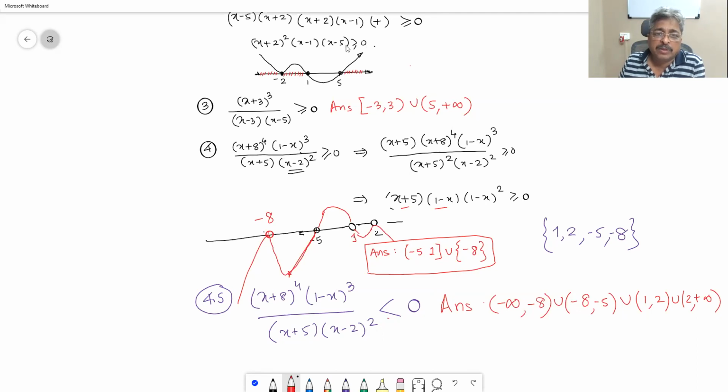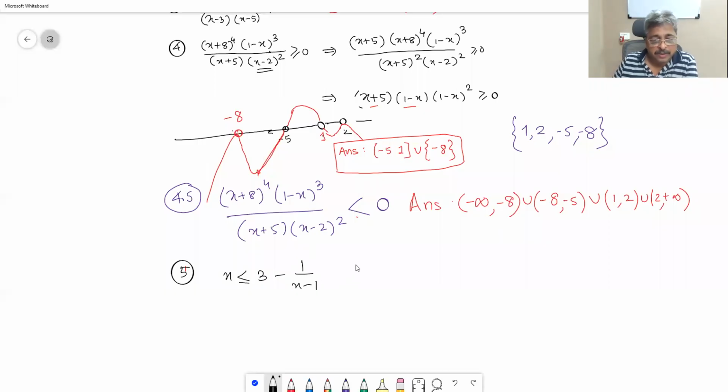Let us solve this. 1 upon x minus 1, plus x minus 3, less than or equal to 0.